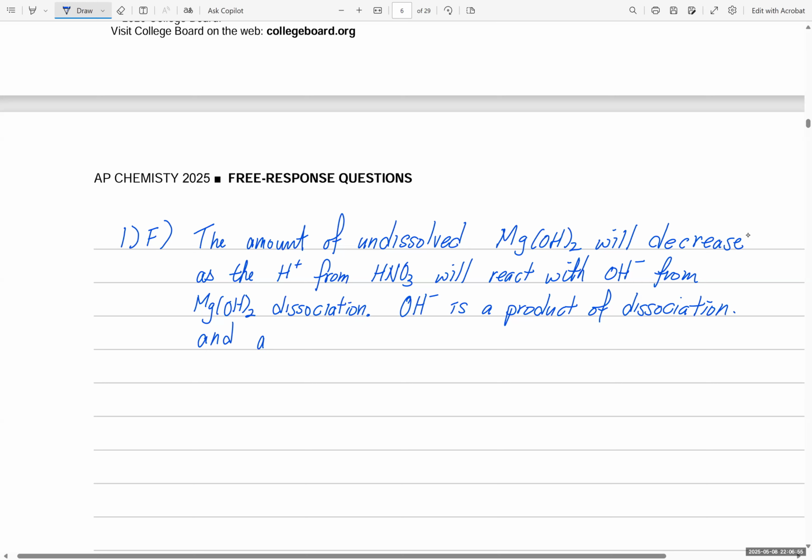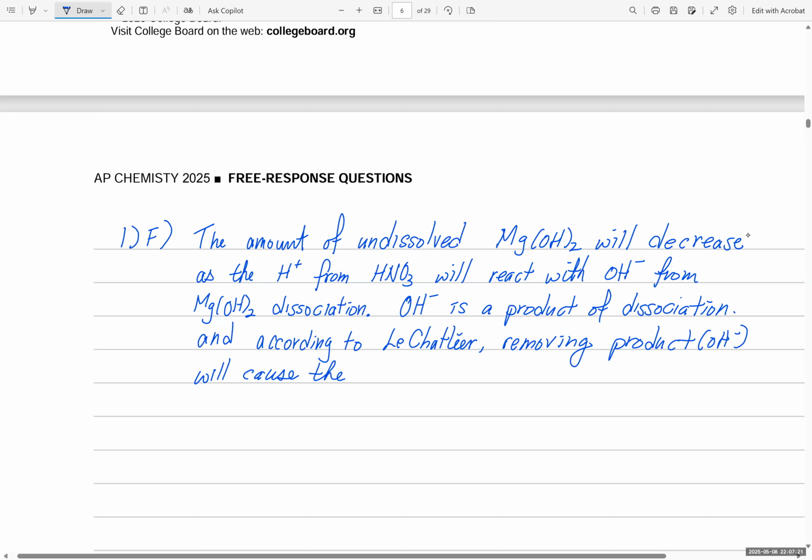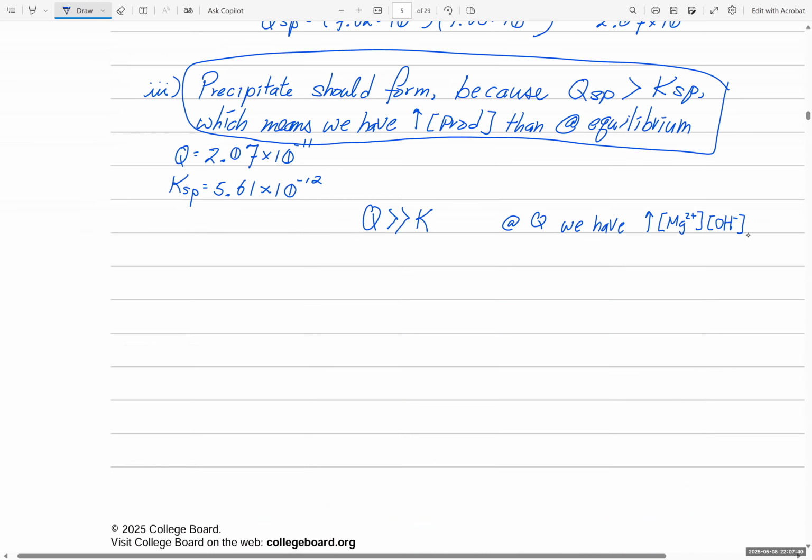And according to, that's right, Le Chatelier, removing products, which is OH minus in this case, will cause the reaction to proceed to the right. Okay.